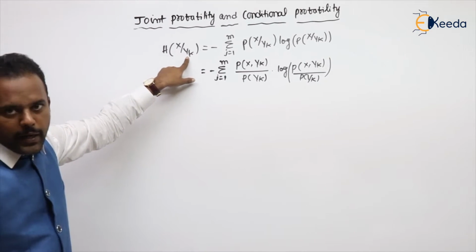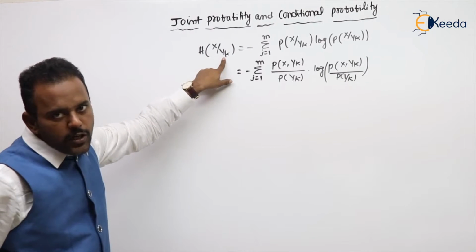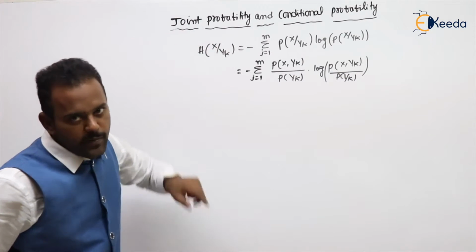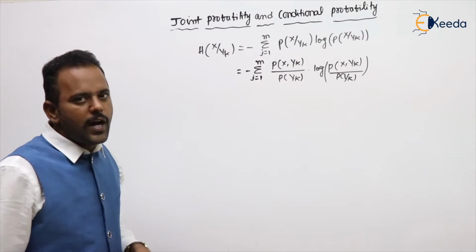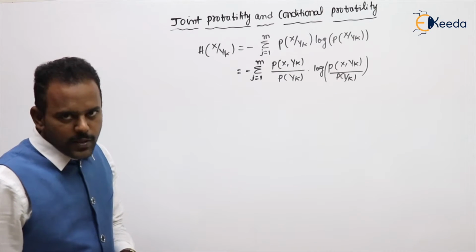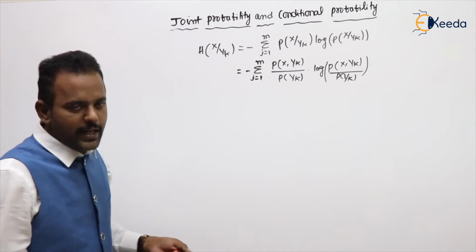Now, this is associated with the symbol yk only. I am now writing the average conditional entropy of the whole system. Whole system means all symbols of y also have to be taken.